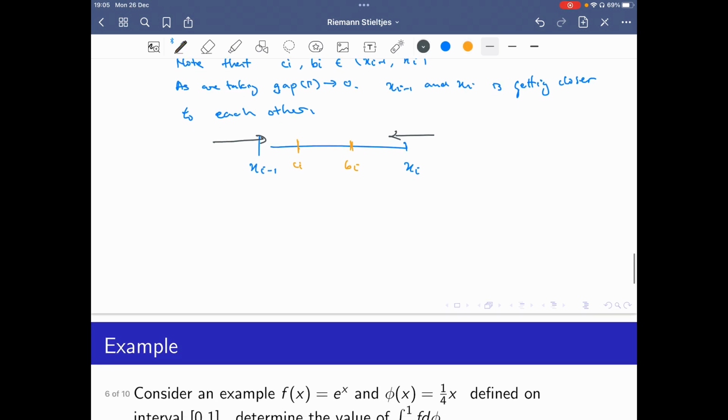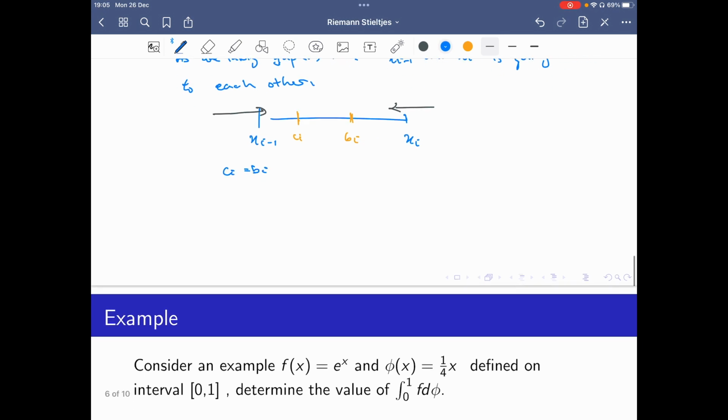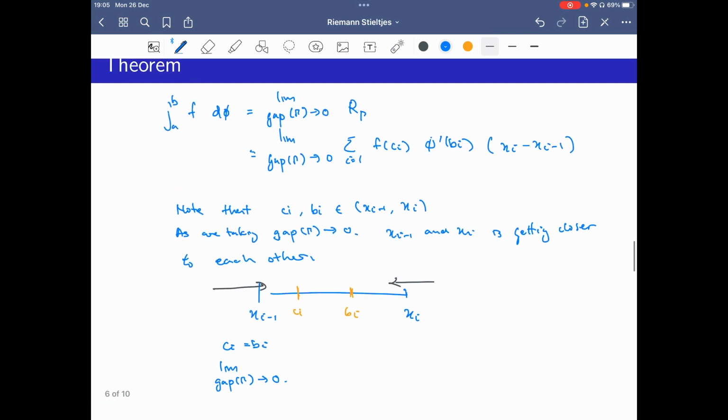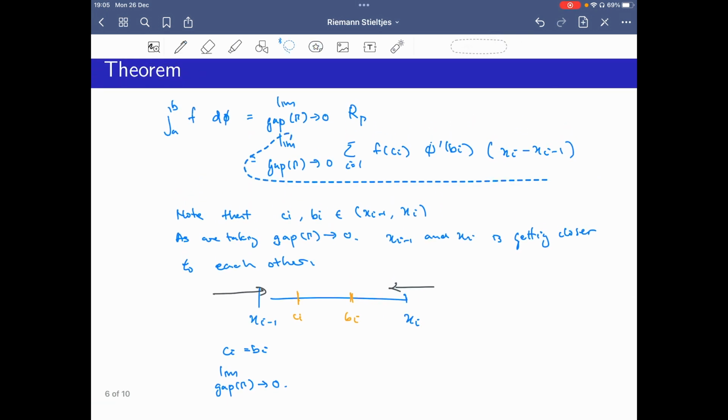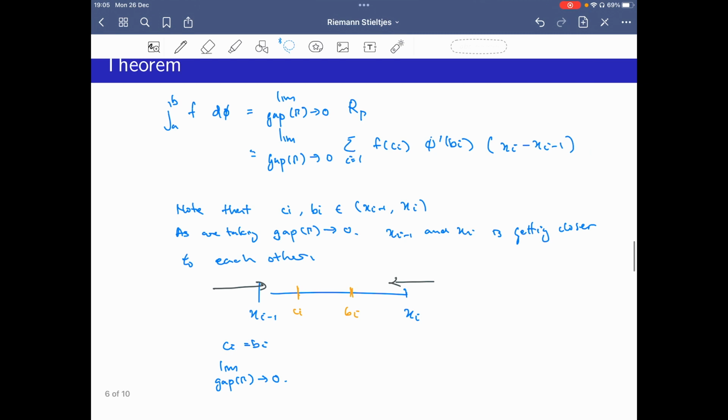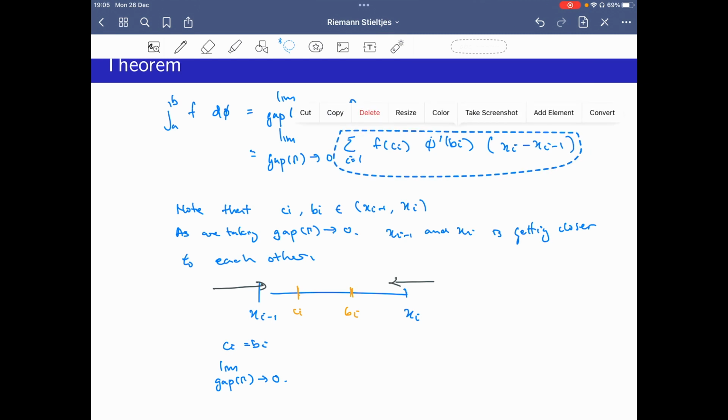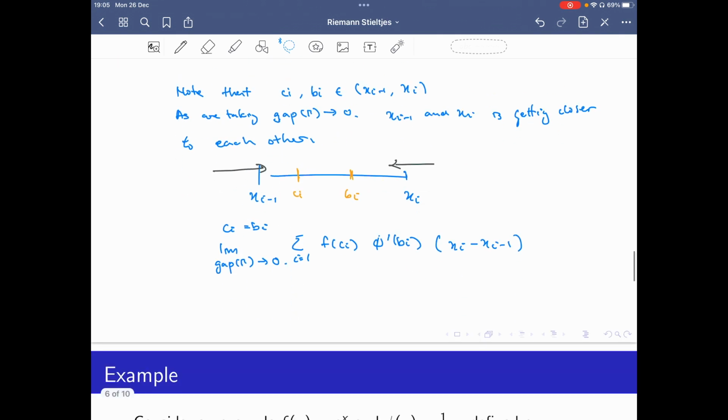Then with this reasoning, we can write ci is equal to bi in some sense. As we take the limit as the gap goes to 0, we write exactly the same thing, but with bi changed to ci.